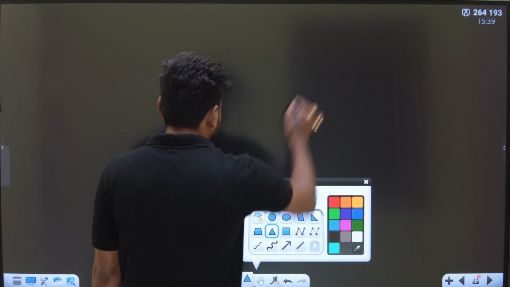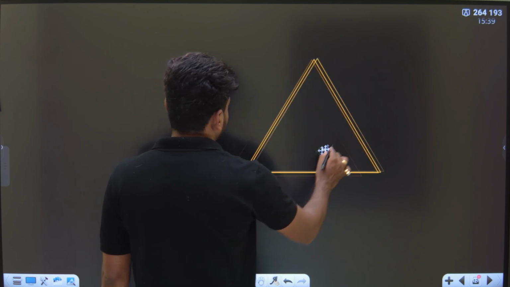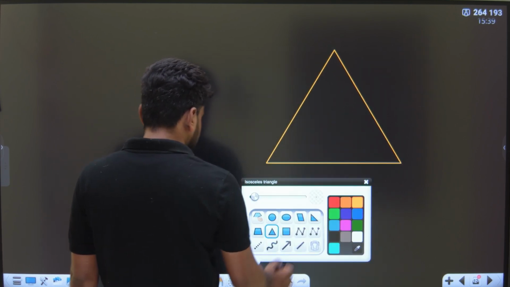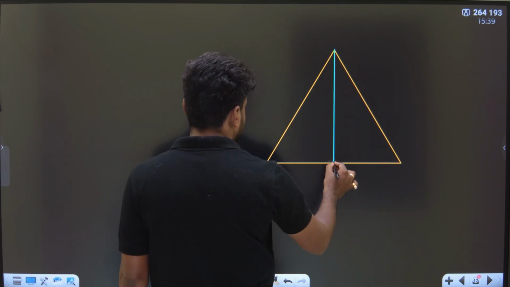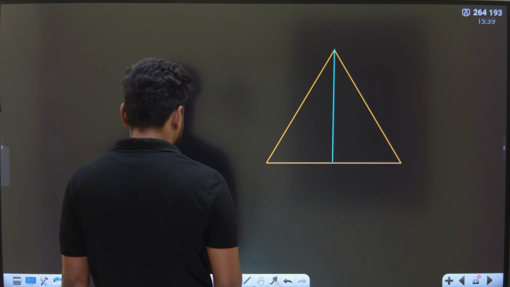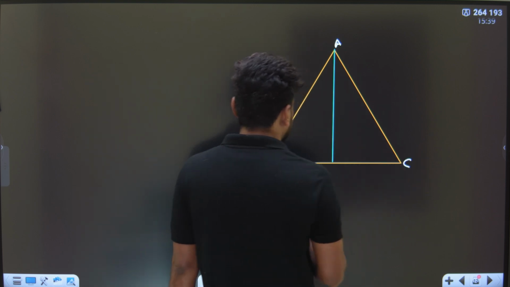Suppose there is any isosceles triangle. In the case of an isosceles triangle, now it will happen, suppose this is our isosceles triangle ABC.